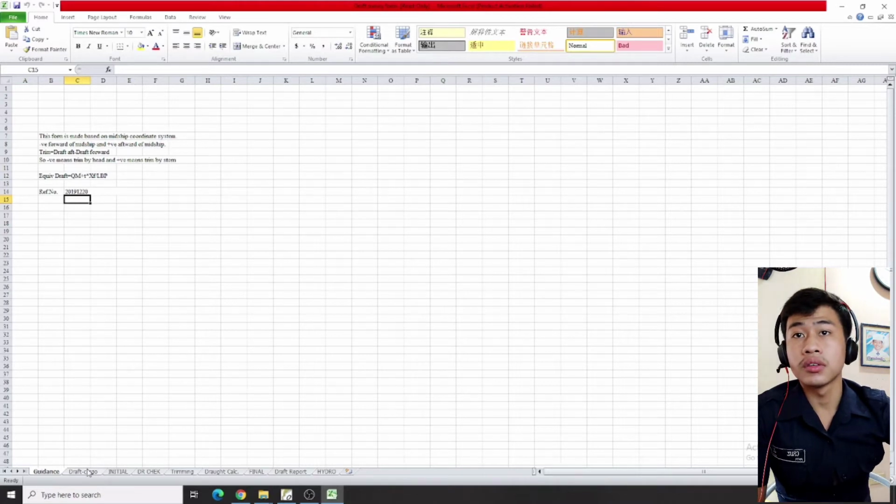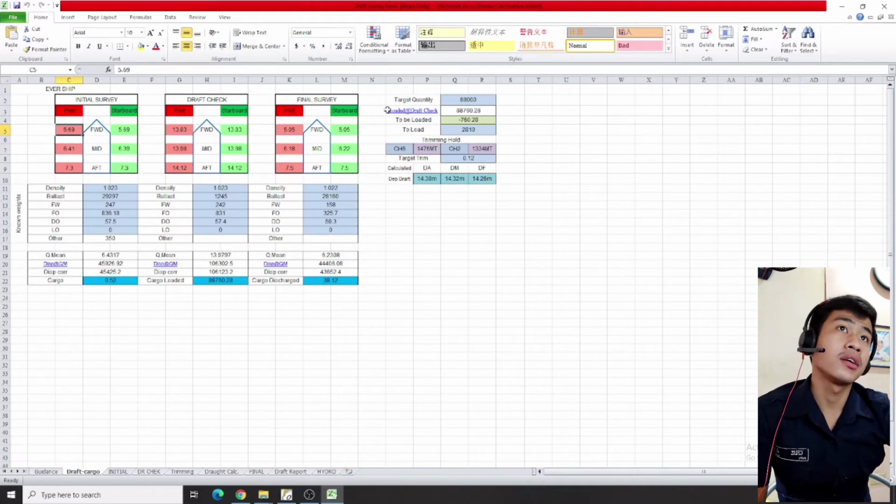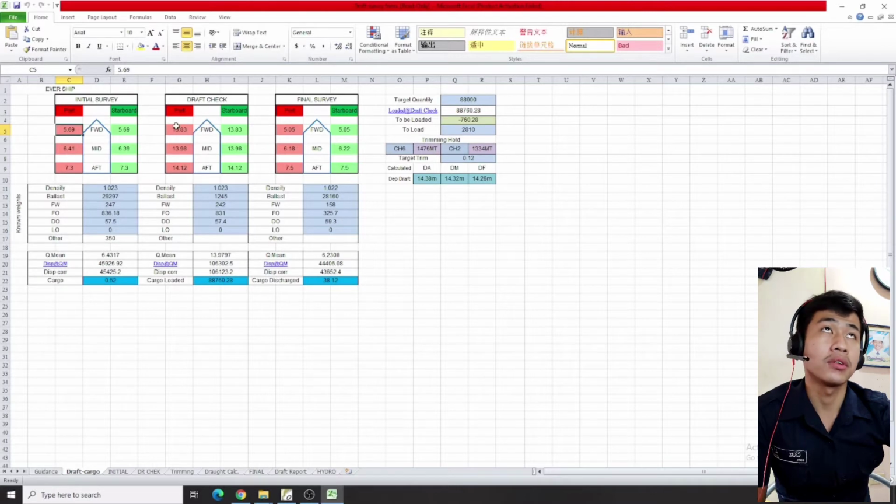Then the next is draft cargo, wherein you can input your readings or the information that you get, and it will automatically calculate and give you an answer.